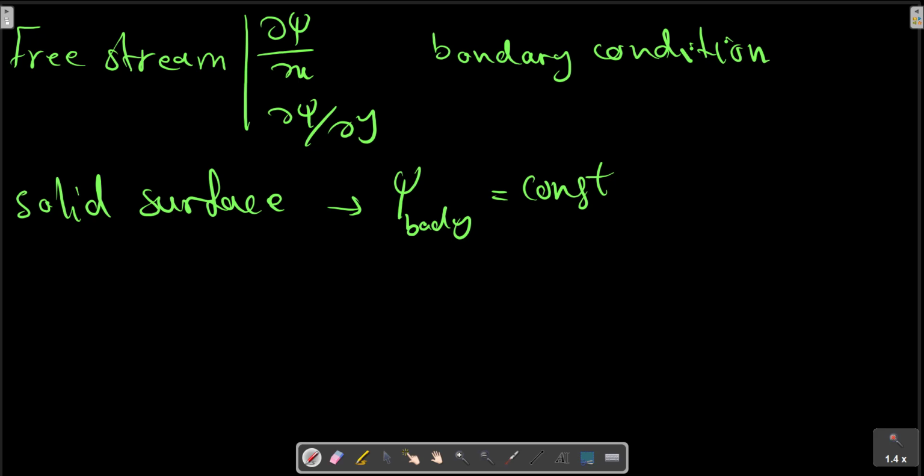The second boundary condition is particularly interesting because any line of constant psi in the flow can therefore be interpreted as a body shape and may lead to interesting applications.